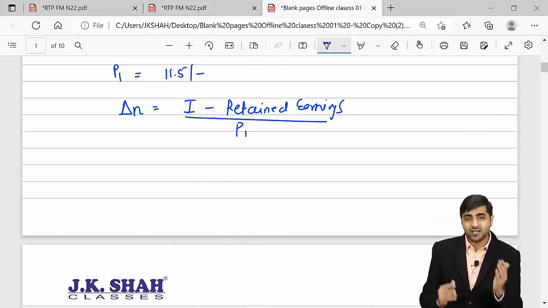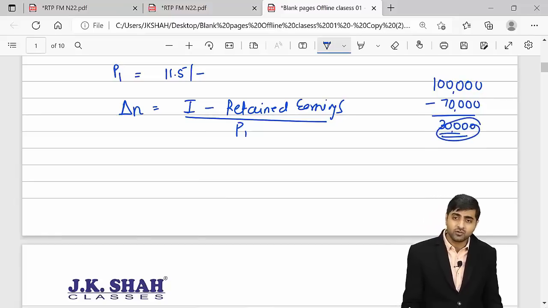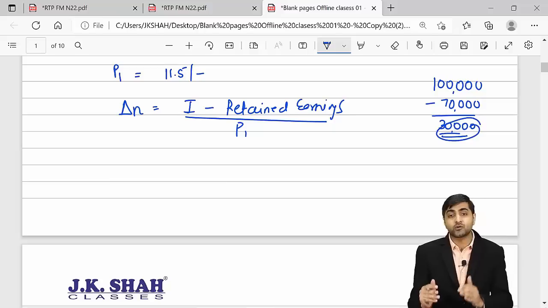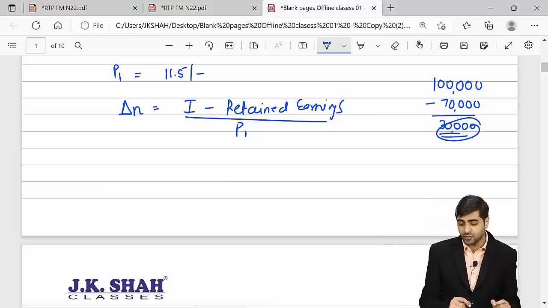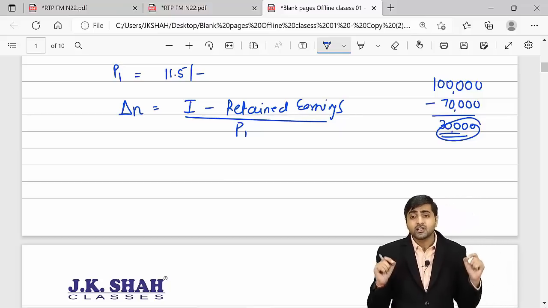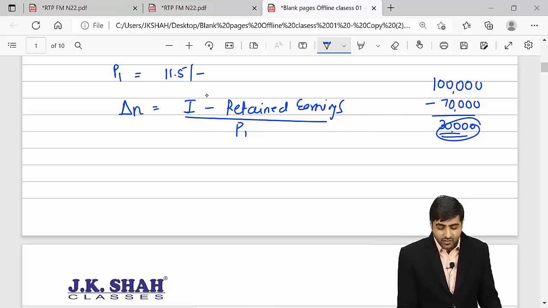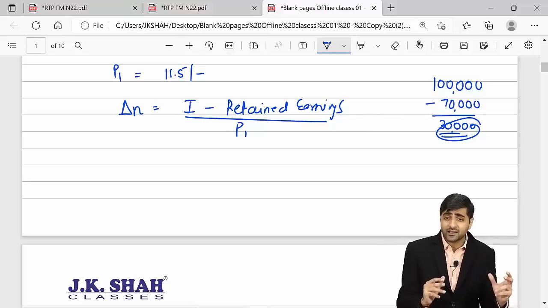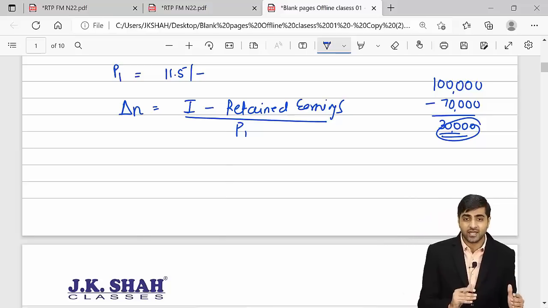So suppose you require investment of 1 lakh and you have retained earnings of 70,000. So obviously your fresh issue will be 30,000 rupees only, yes or no? Yes. And this fresh issue, when it will be done at the end of year 1, you will need the price at the end of year 1, and this will actually give you your change in N. So whatever fresh issue is to be done, we divide by P1 to actually get your change in N.